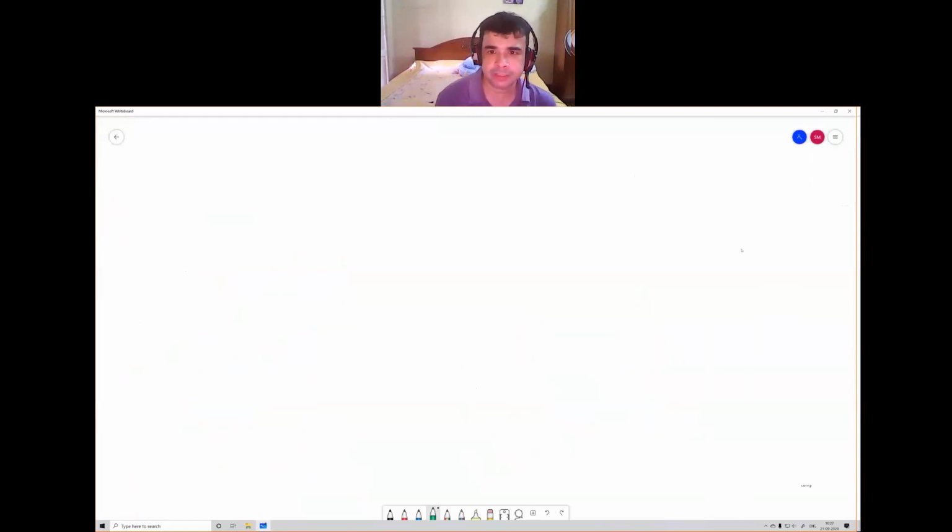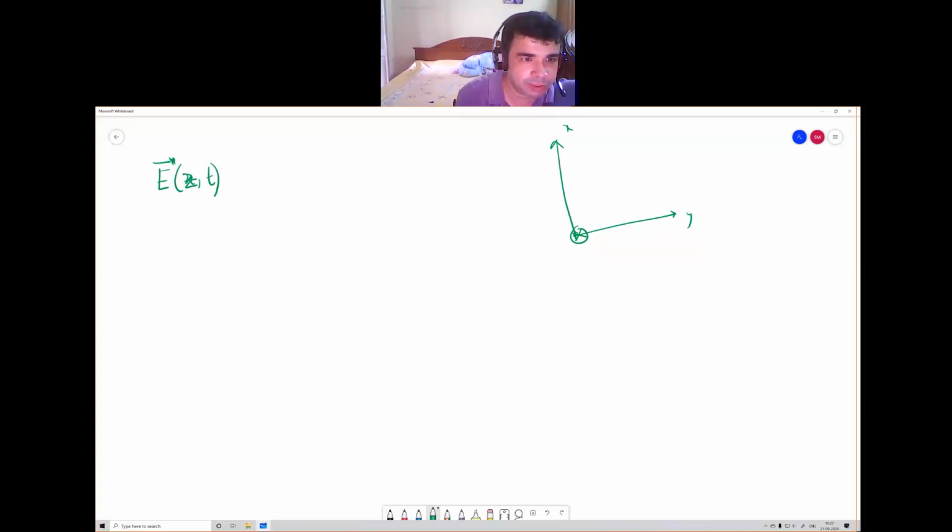We again consider the same coordinate system. This is my x, this is my y, and the z is going towards us. The wave we consider is like this. Let us start directly: E(z,t) is E naught e to the power of minus j beta z times (x-hat plus or minus j y-hat).